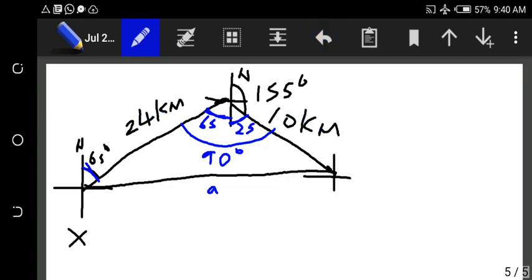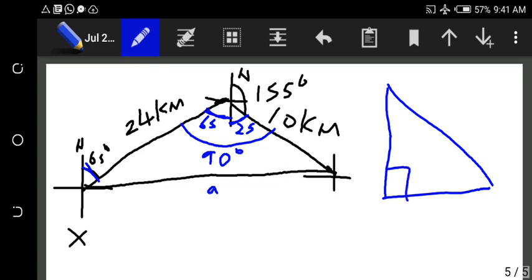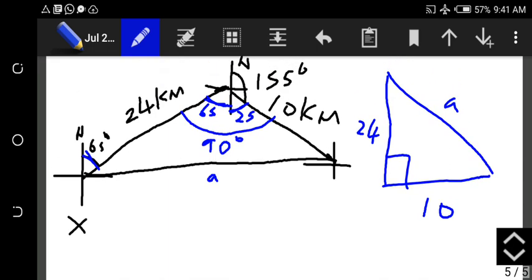So this becomes a case of Pythagoras theorem. Alright, then we have the angle here is 90 degrees. We have here 90, here 24, here 10, and we're looking for here. So this becomes a case of Pythagoras theorem, because whether you use the cosine rule, you still get the same.